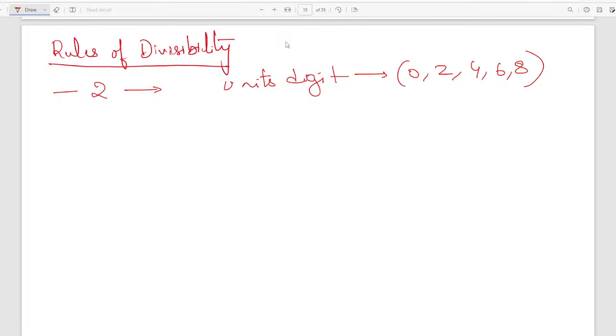So for example, if we are taking 85, this is not divisible by 2 because the units place number 5 is not an even number. I hope this is clear. The units place has to be 0, 2, 4, 6, 8.